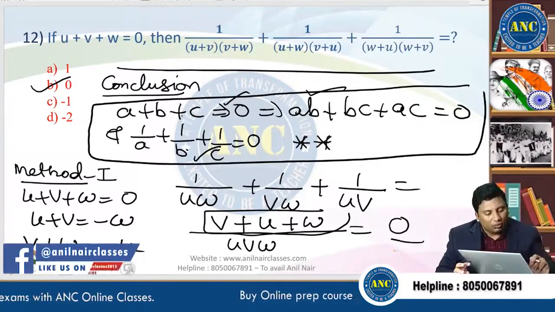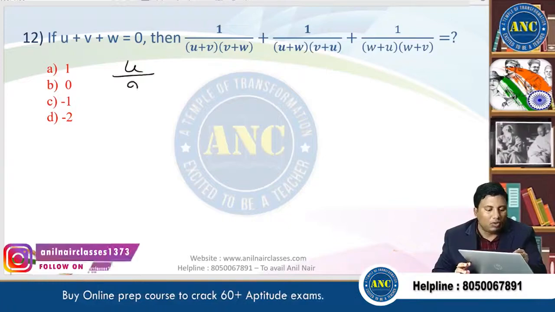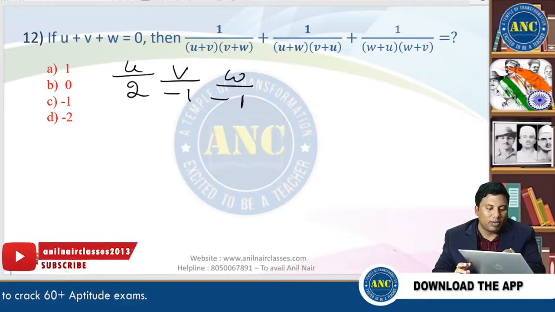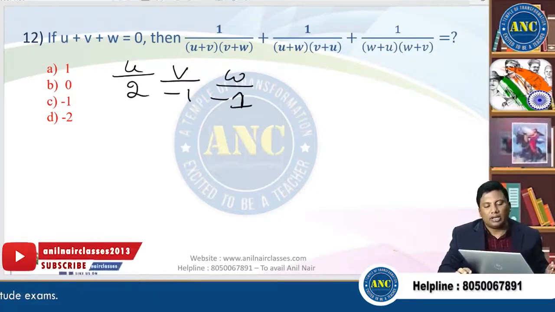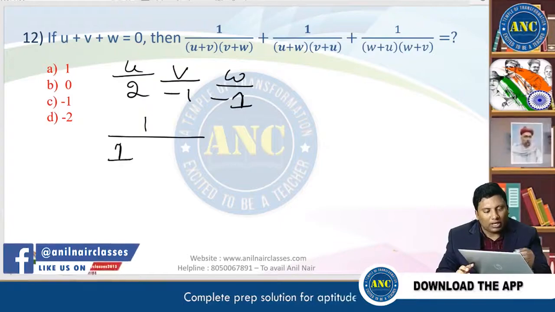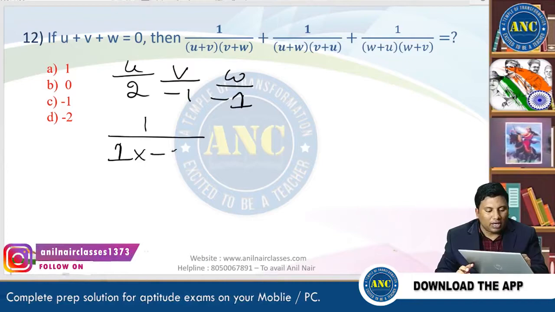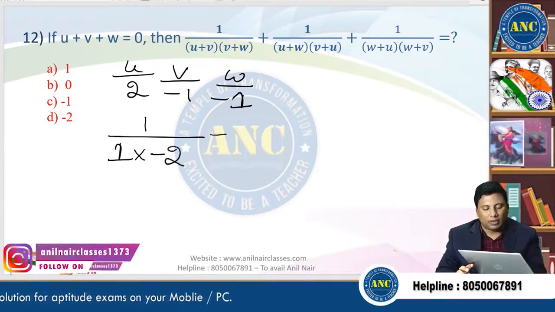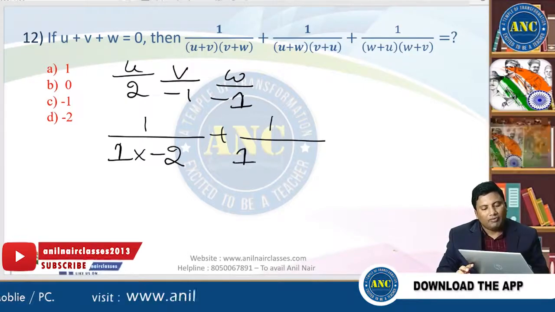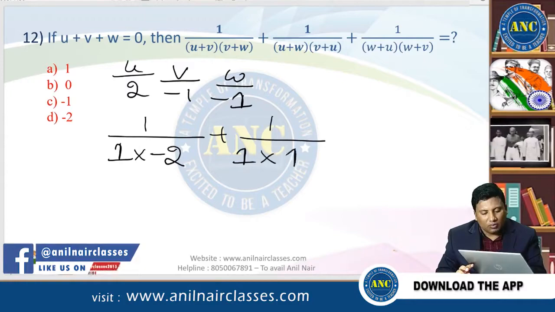What is method 2? Method 2 is nothing but take U value to be 1, V value minus 1, W value minus 1. Substitute it, you will get the answer. 1 by U plus V, 2 minus 1, 1. V plus W, minus 1 minus 1, minus 2. Plus 1 by U plus W, 1. V plus U, 2 minus 1, 1.